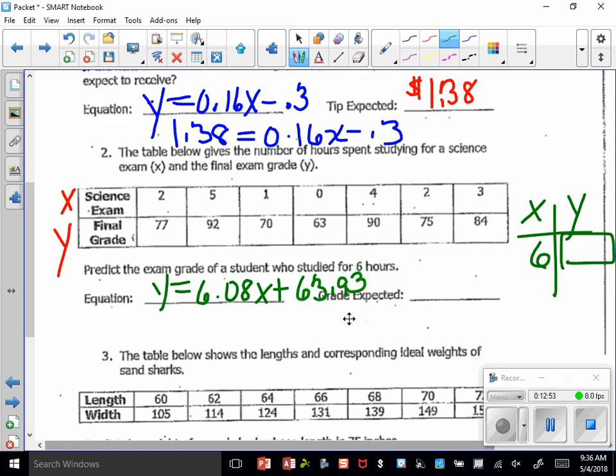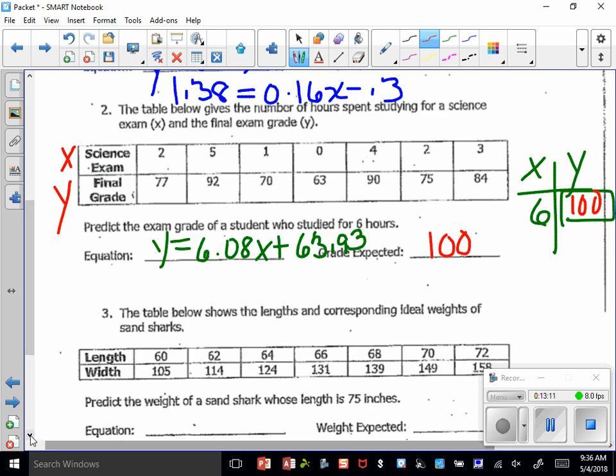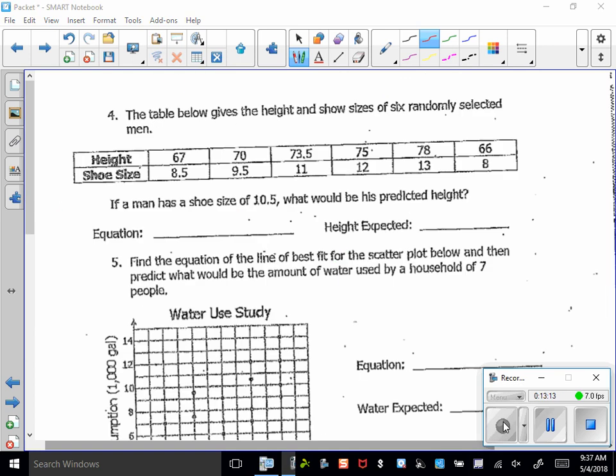I think it's going to come out to 100. It might be 100 point something, but you should have okay. So that person, if they studied for 6 hours, I sure hope they would get 100 on the test, right? You might even have a decimal, but we're going to just round it to 100. Go to the next page, and we're going to go to question 4.